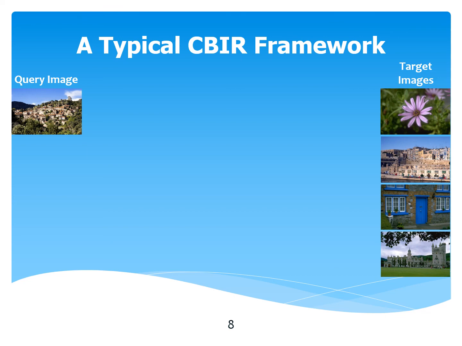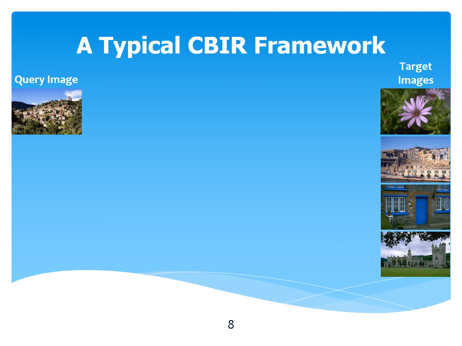Once you have implemented the distance or similarity measure, we can establish the CBIR framework. This is a typical CBIR framework. The image on the left represents a query image, and the images on the right represent a collection of images stored in the database. These images are called target images.